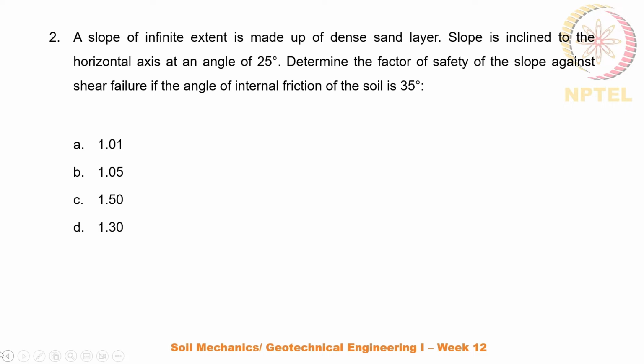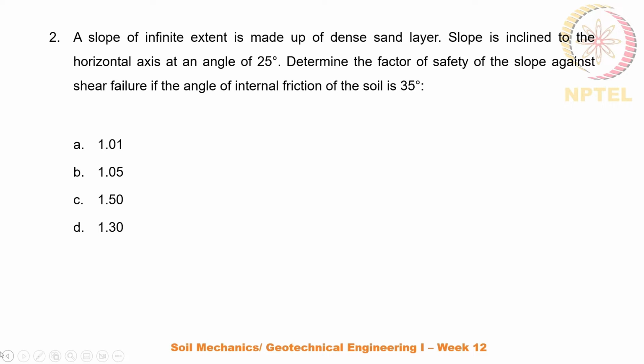A slope of infinite extent is made up of dense sand layer. Slope is inclined to the horizontal axis at an angle of 25 degrees. Determine the factor of safety of the slope against shear failure if the angle of internal friction of the soil is 35 degrees. So, we are given that the slope is of infinite extent.